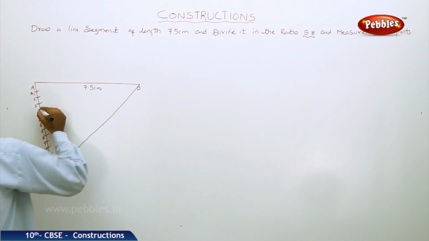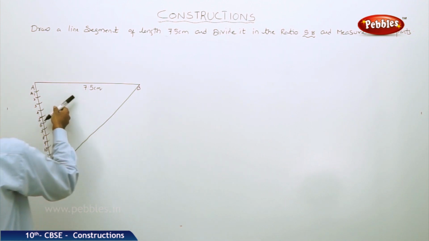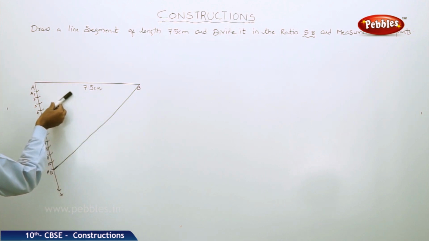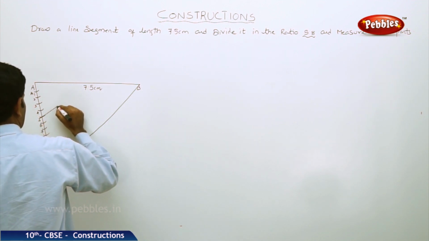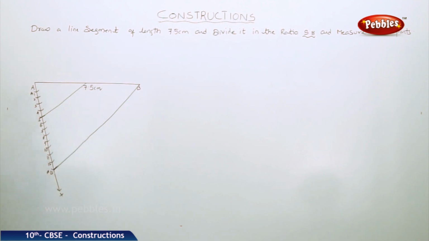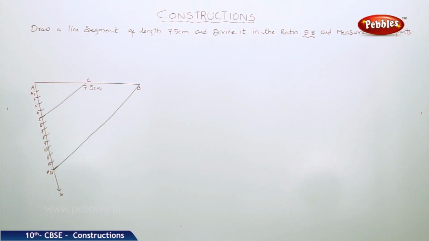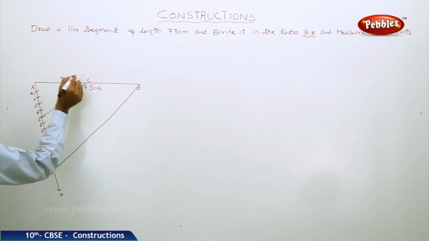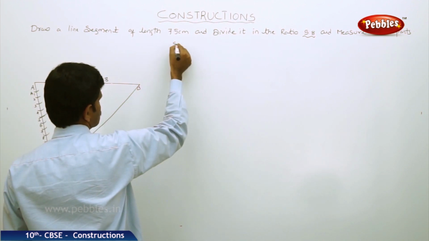Now through A5 draw a parallel line to A13B, which touches AB at C. Therefore the required ratio is 5:8. Now steps of construction.